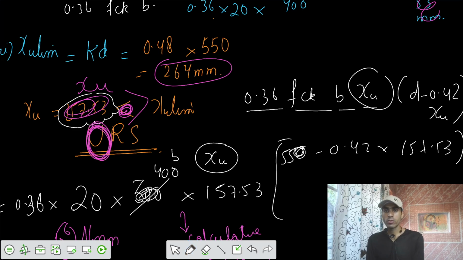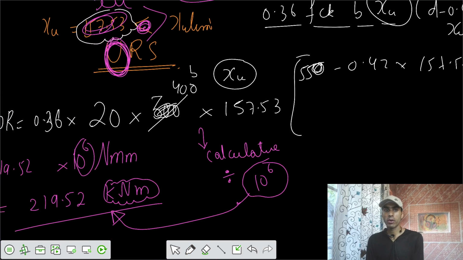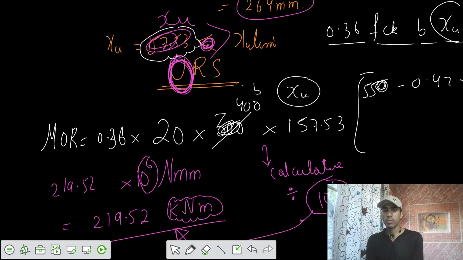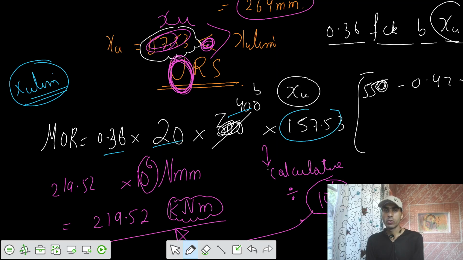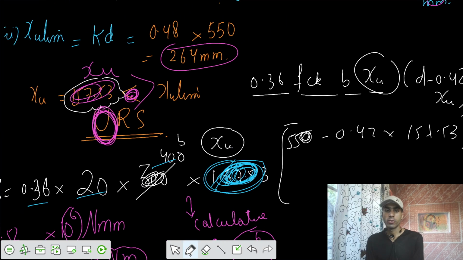So what should our equation be now? We have to go with the equation having Xu as Xu limiting. So we need to substitute the value of Xu as Xu limiting. The equation is 0.36 fck b Xu limiting. We need to remove this part and substitute the value of Xu limiting, 264.